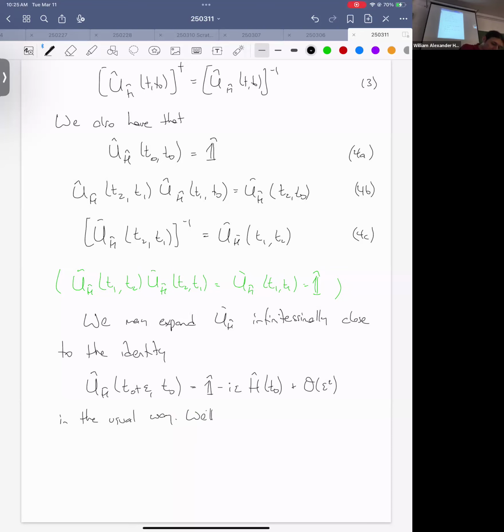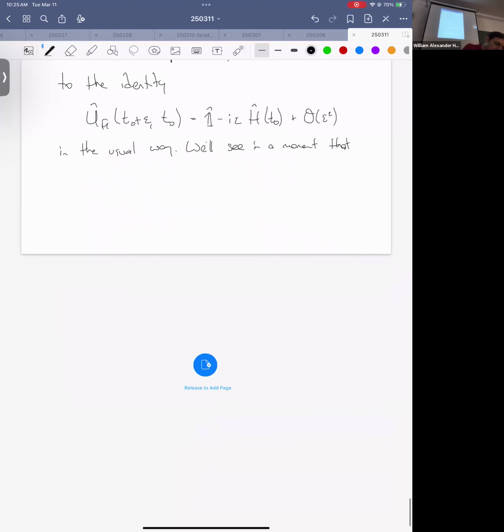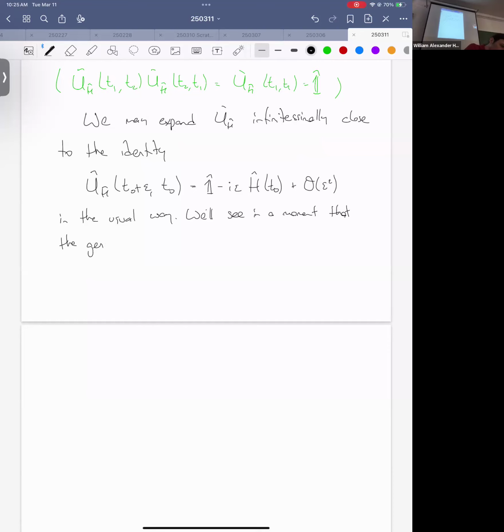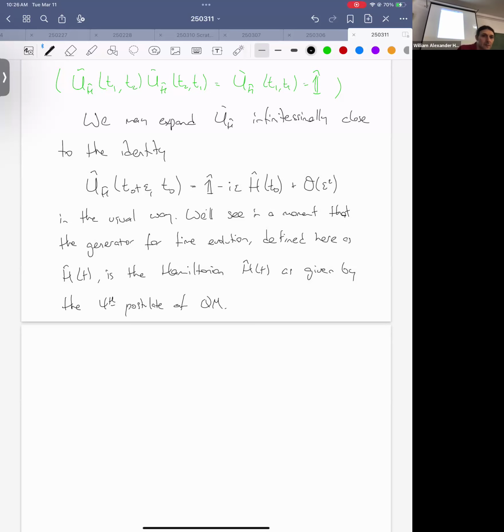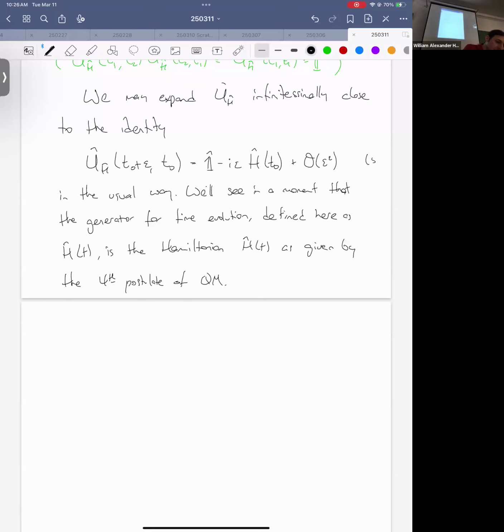We'll see in a moment that the generator for time evolution, defined here as H hat of t, is the Hamiltonian H hat of t as given by the fourth postulate of quantum mechanics. All right, so let's call this 5.